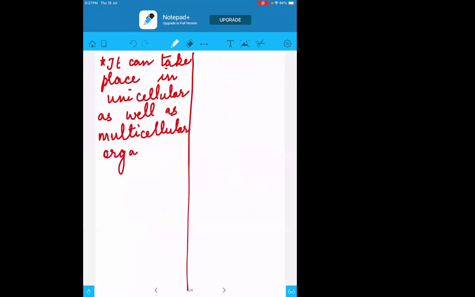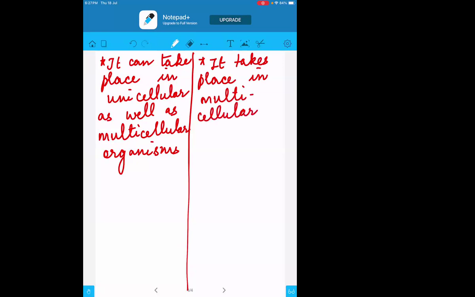Whereas in the fragmentation, it takes place only in multicellular organisms.